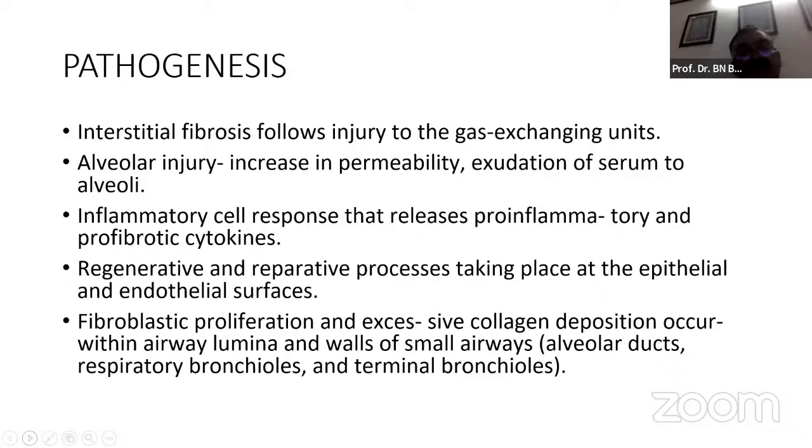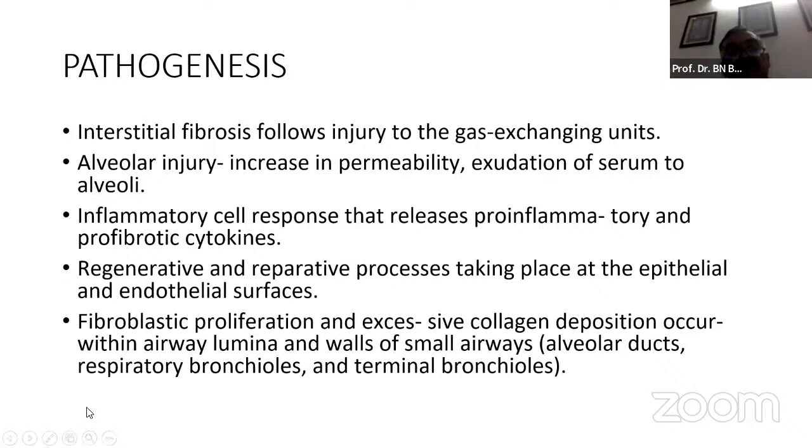So interstitial fibrosis essentially follows injury to the gas exchanging units. Alveolar injury increases the permeability of the capillaries, and there is exudation of fluid into the alveoli and also into the surrounding structures. So there's an inflammatory response, and there's a release of various pro-inflammatory, pro-fibrotic cytokines.